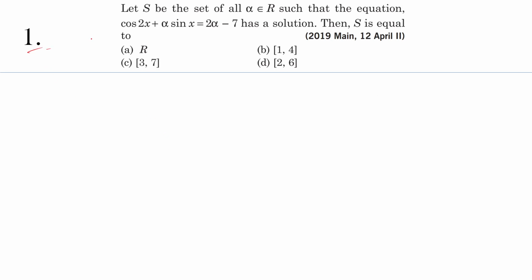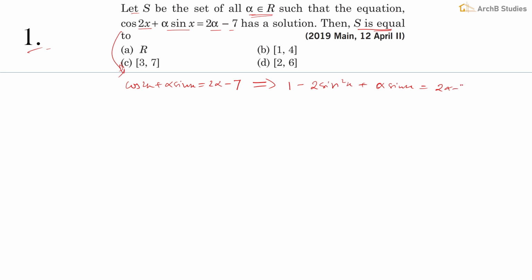So the first question is: let S be the set of all alpha which belongs to real numbers such that the equation cos 2x plus alpha sin x equal to 2 alpha minus 7 has a solution, then S is equal to. Okay, so this is the equation cos 2x plus alpha sin x equal to 2 alpha minus 7, which is equal to 1 minus 2 sin square x plus alpha sin x equal to 2 alpha minus 7.